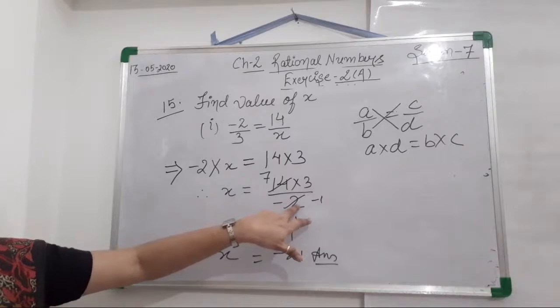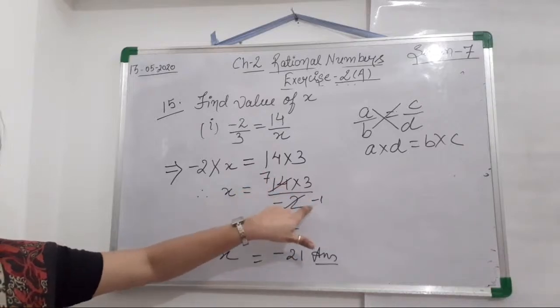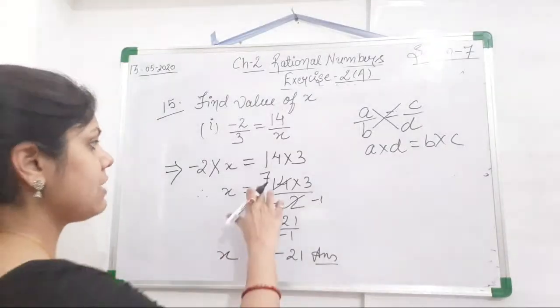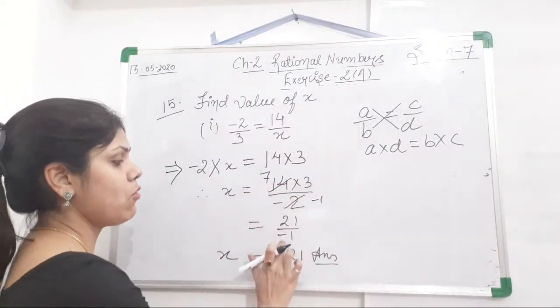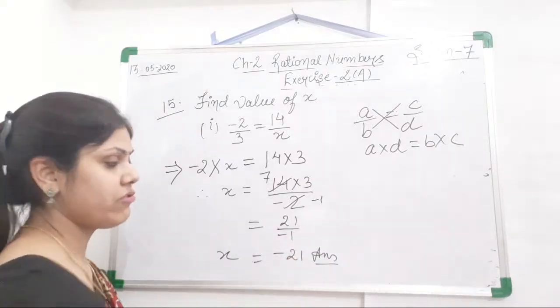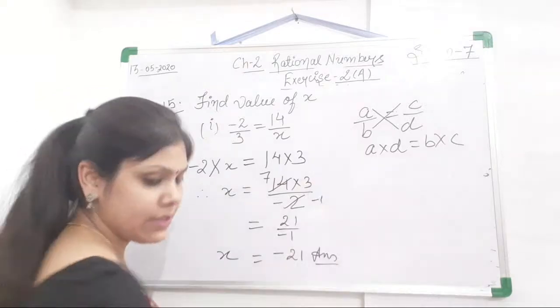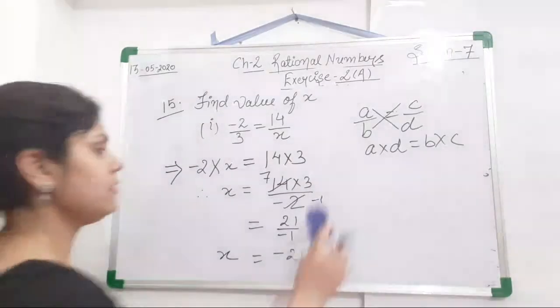Because minus 2 is there, 2 sevens are 14, but here minus 1 will come, not 1. So 7 threes are 21 upon minus 1. That means this will be written as minus 21 as the answer. Now let us do the next question.